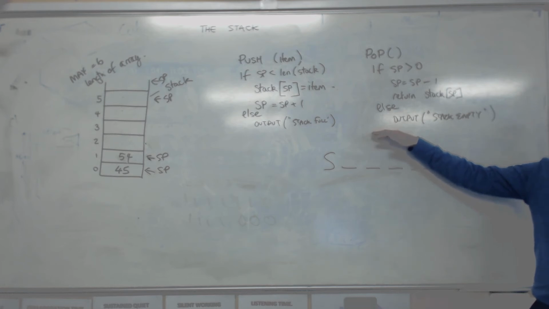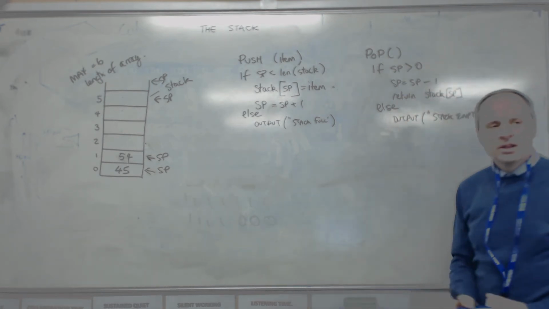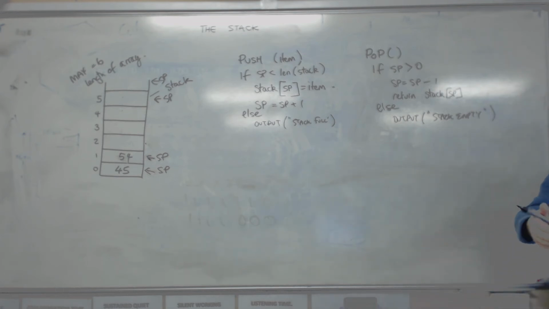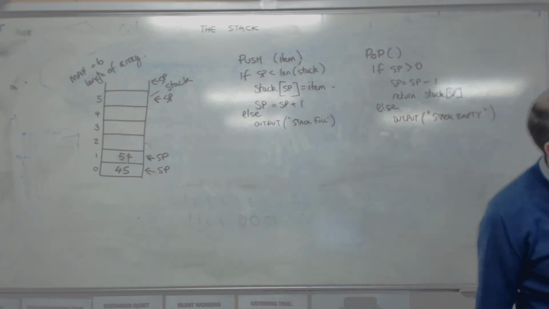When we get an instruction, have you done the fetch execute cycle? Yes. Right. When you get an instruction, what do we do with the program counter? Increment it. So, as far as the CPU is concerned, executing a program is a linear process. We start at memory location 0 and we just keep going through.